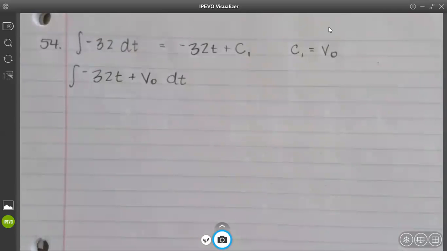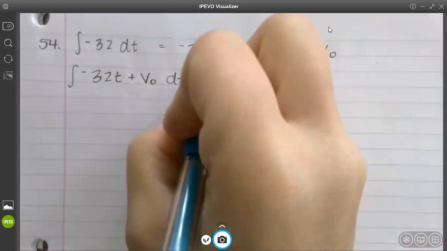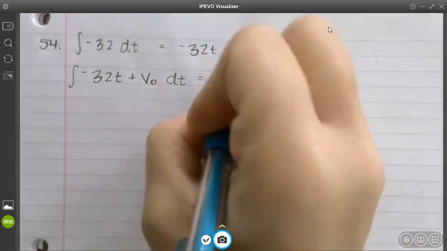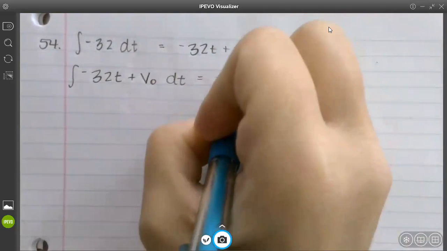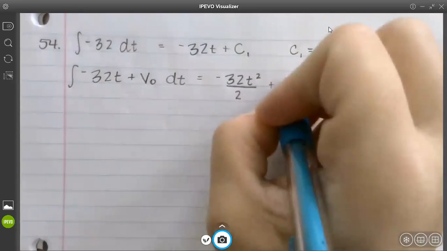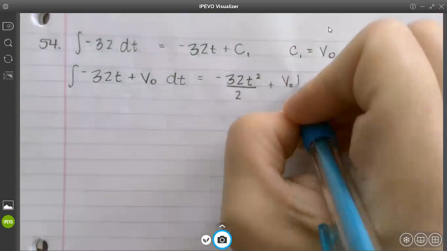Which is negative 32t plus our initial velocity. Treat it just like it's a 6. It's fine, a 60, whatever you want to treat it as. What does that give us? And then what about your V sub O? It's going to have a what?